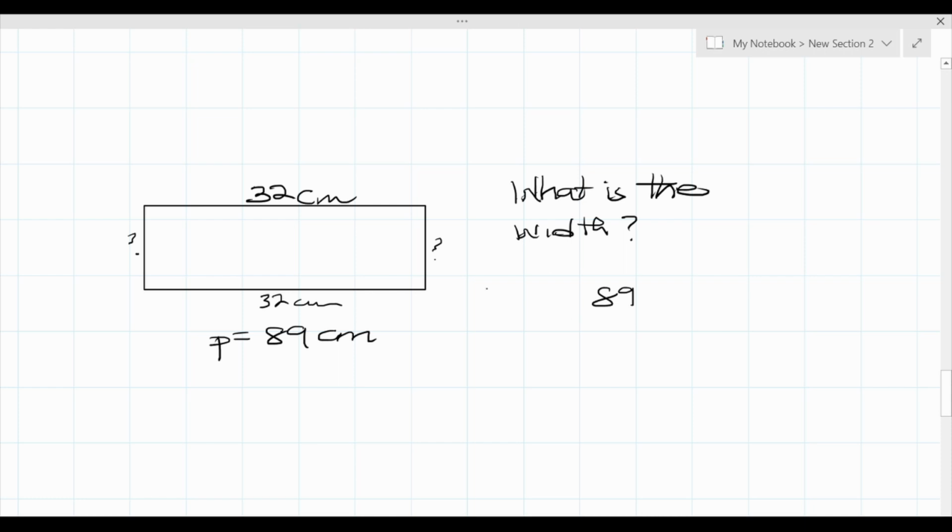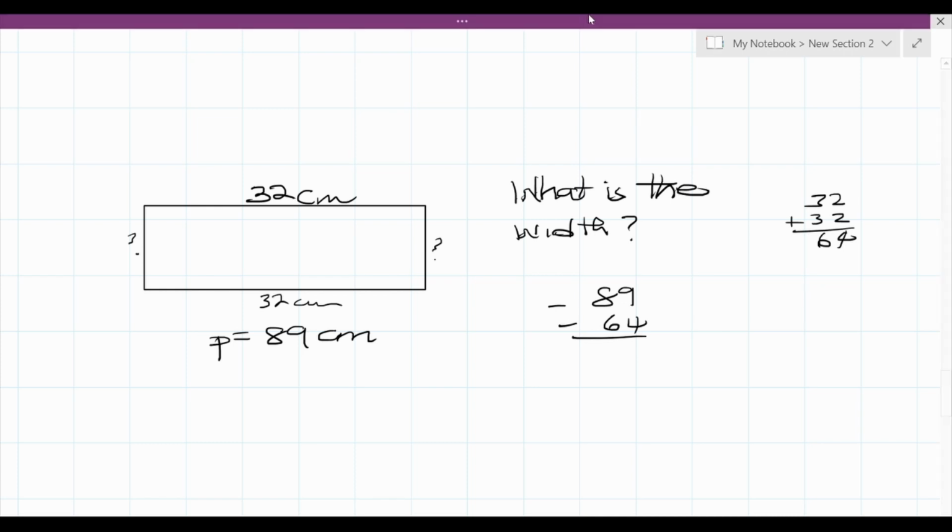And then we know that 32 and 32, we add these together and we get 64. So if we take the sum of the long sides from the perimeter, that's the 64, then what we would have is the sum of the short sides.